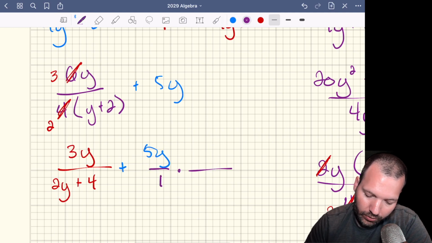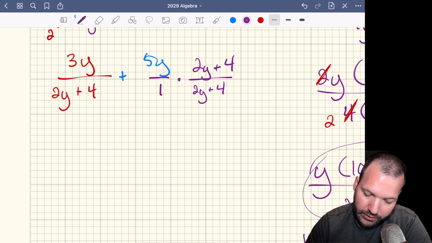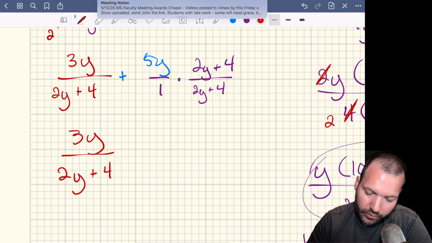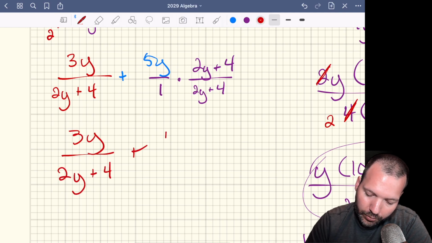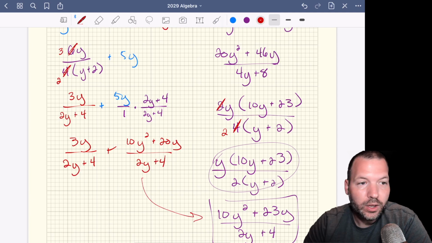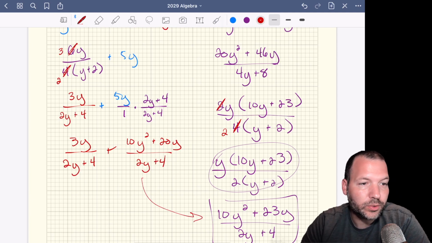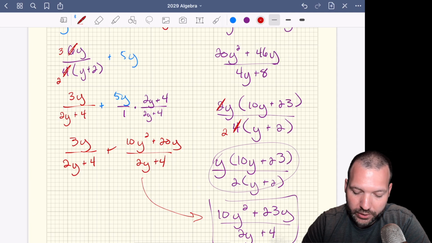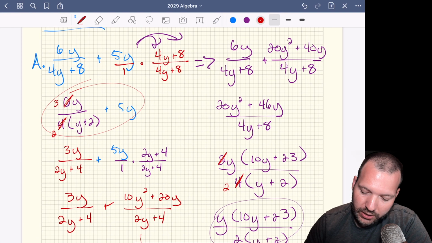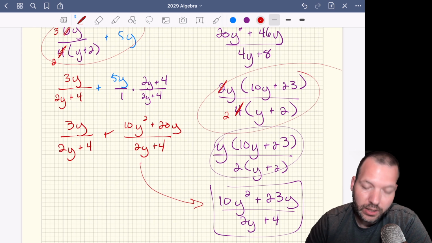If we treat that like the thing we're going to multiply by our common denominator divided by itself, you might notice we end up with 3y over 2y plus 4 plus 10y squared plus 20y over 2y plus 4. And of course, combining that would get us right over here to 10y squared plus 23y over 2y plus 4. So similarly with fractions, if you simplify earlier in the process, you don't have to simplify later.